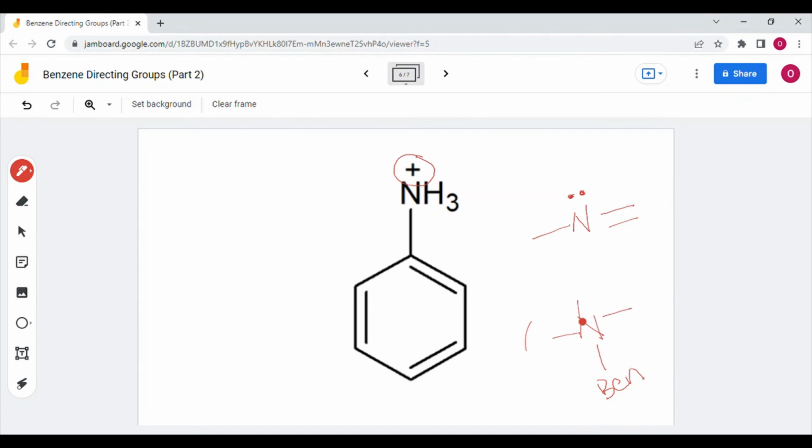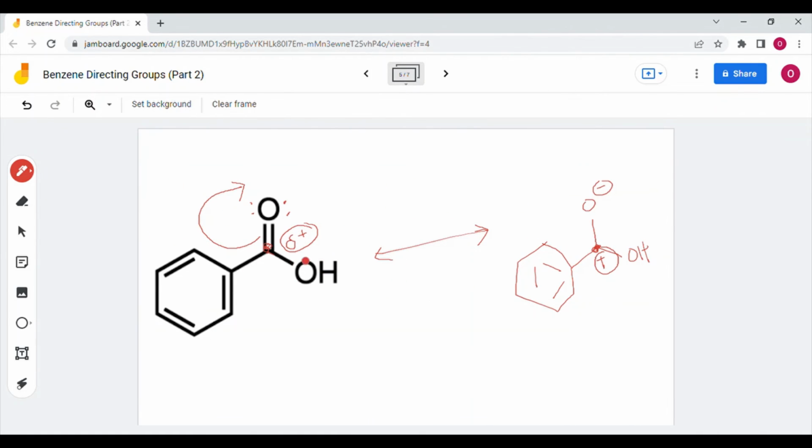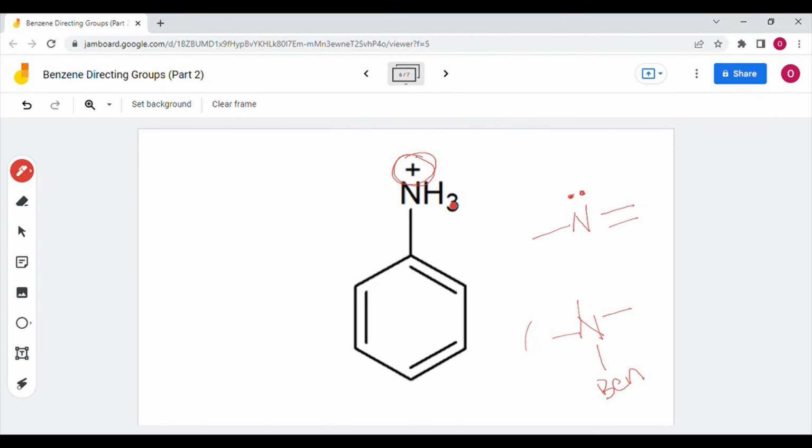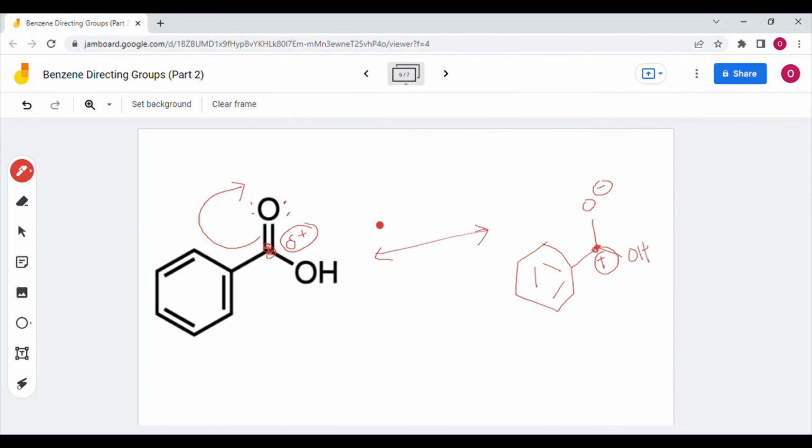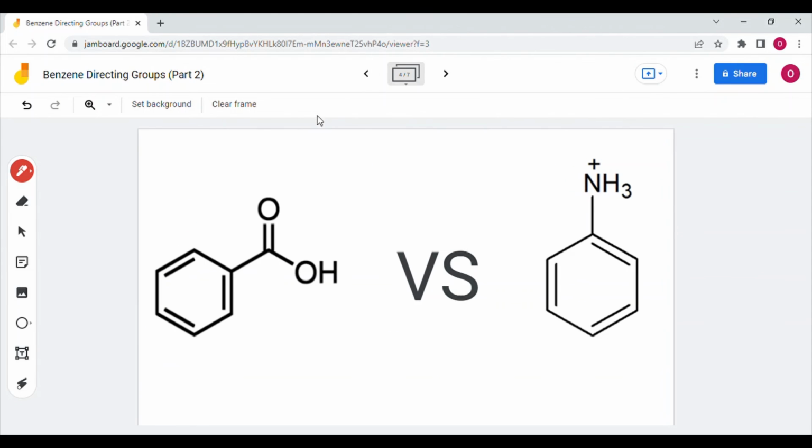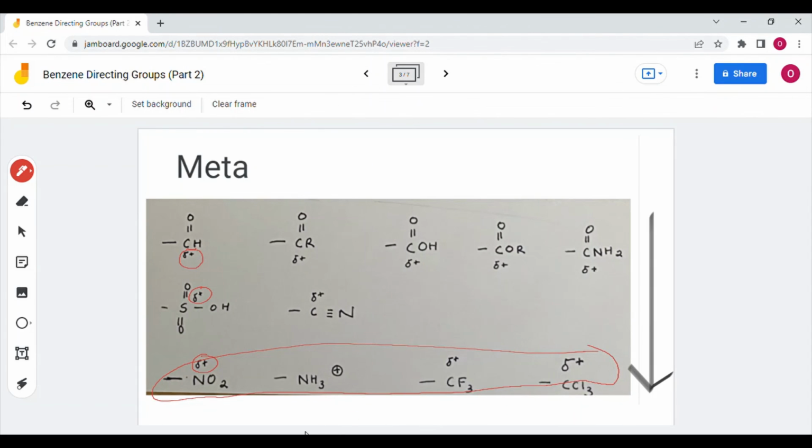Because it has four groups, the nitrogen indeed has a full positive charge. So when we compare this full positive charge to this partial positive charge on this carbon, a full positive charge is stronger. Because of that, NH3 is a stronger electron-withdrawing group than this carboxylic acid, which we can see in this chart over here.